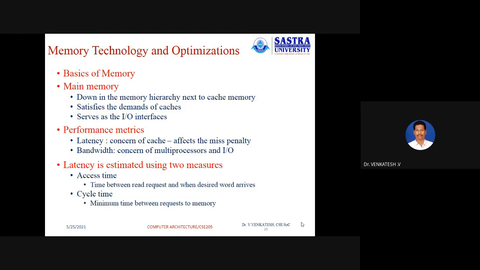That's why we have a hierarchy, and main memory is at the end, downstream. Next to the cache, with its different levels, we have main memory. The processor gets the data from the main memory and then executes.